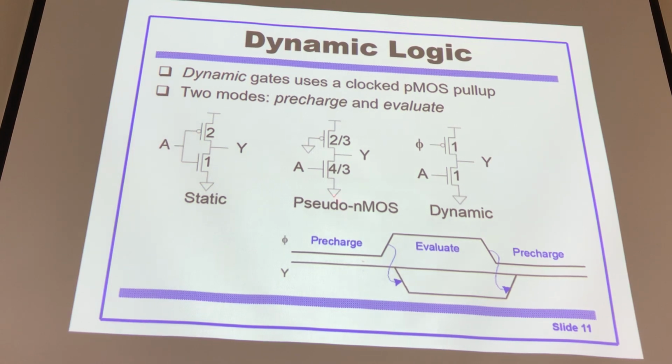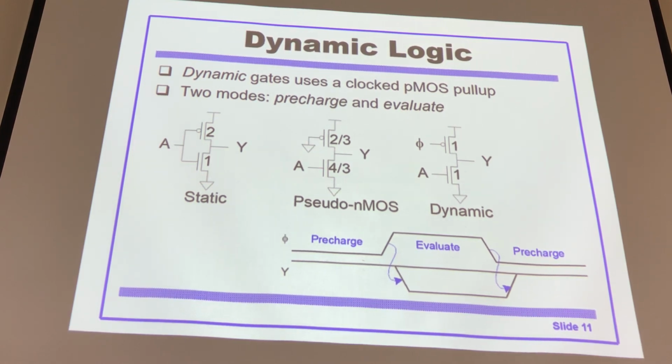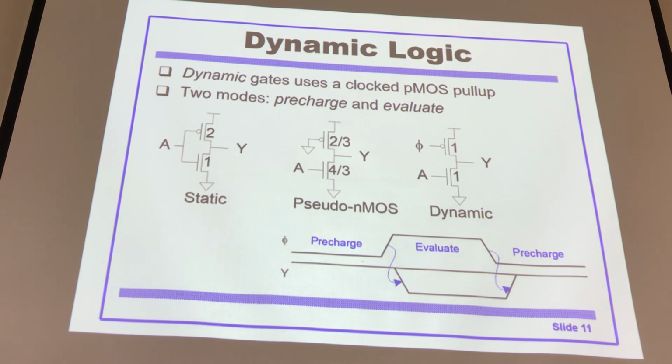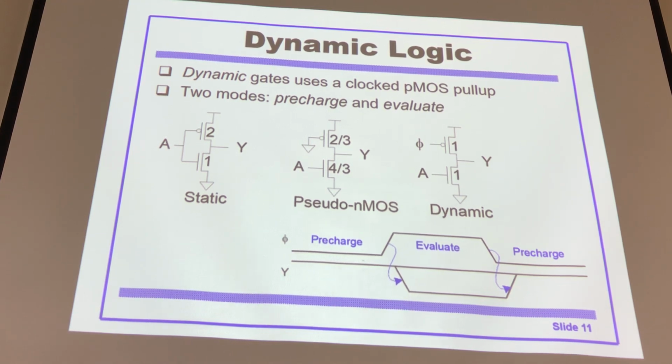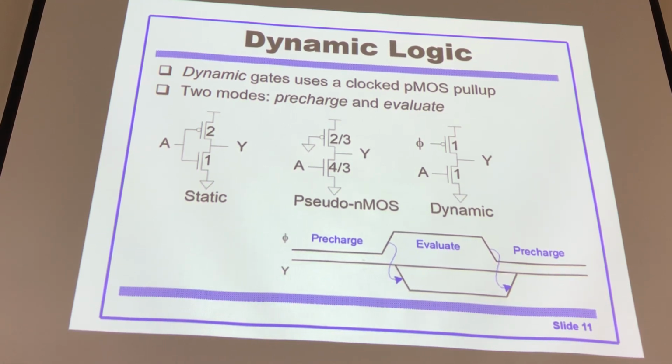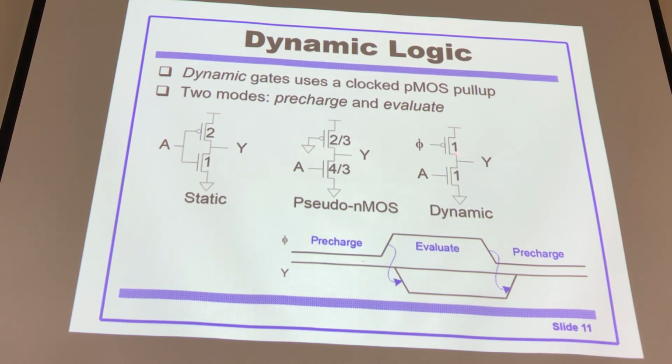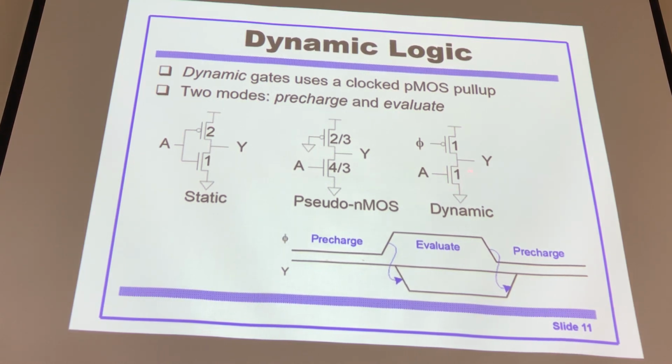And this is pseudo NMOS. And this is the dynamic inverter. And the idea is that, again, just like pseudo NMOS, there's a PMOS transistor at the top. And then the NMOS transistor here, this is an inverter circuit.